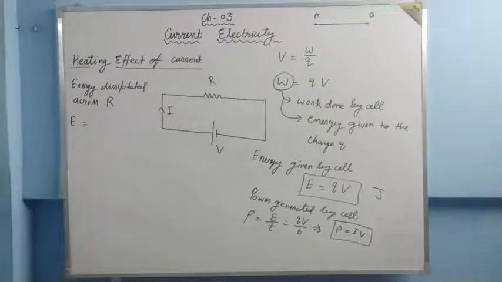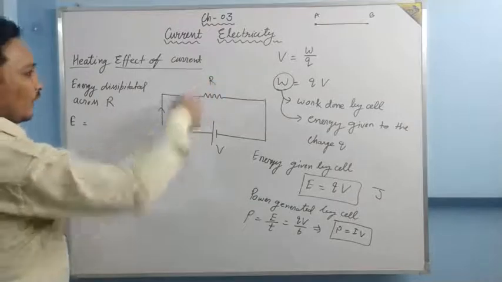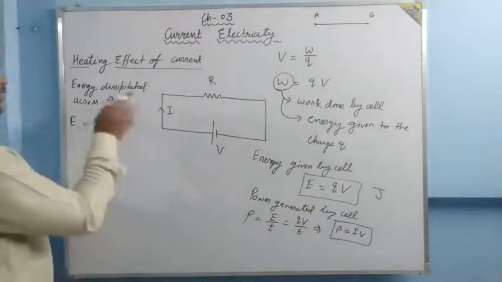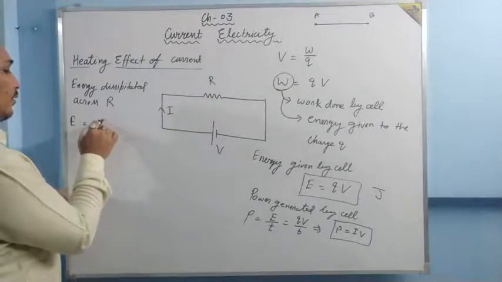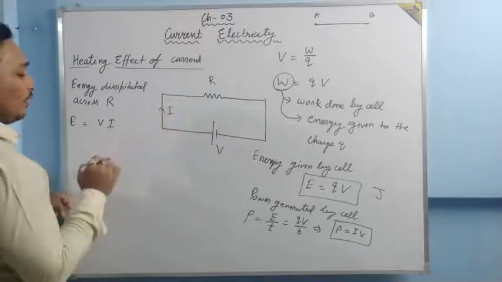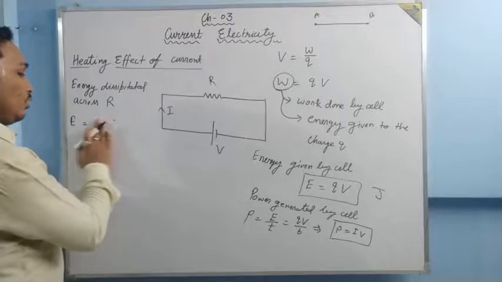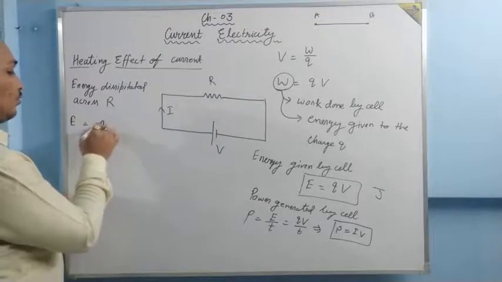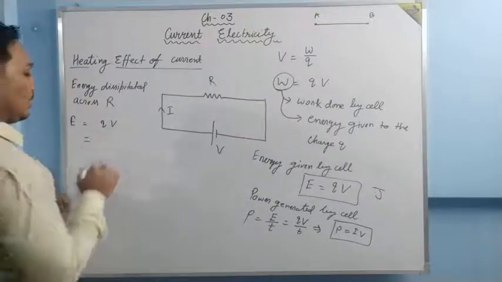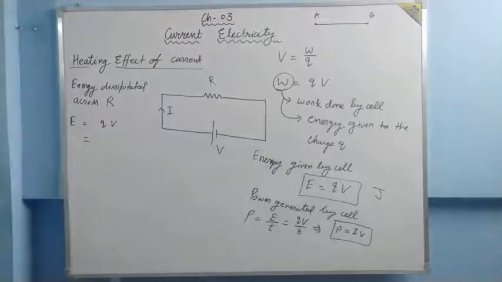Whatever amount of energy the cell has given, the same amount of energy is dissipated over here. The energy dissipated across R is given by V into I. For R we can write V is equal to IR. Energy is Q into V. This is the energy dissipated across R.